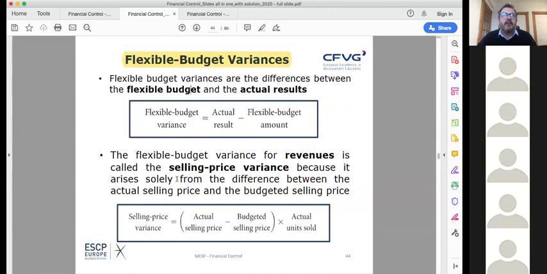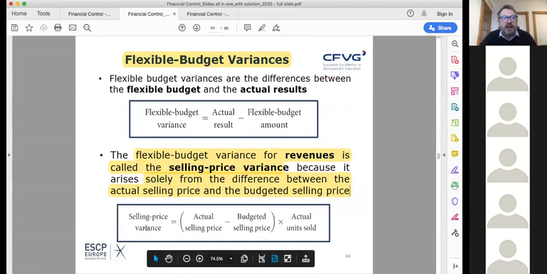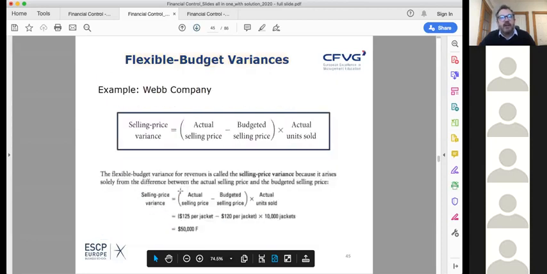Flexible budget variance for revenues is called selling price variance because it arises solely from the difference between actual selling price and budgeted selling price. So what I just said, it cannot be a quantity variance. The way we calculate it is actual selling price minus budgeted selling price times the actual number of units sold.